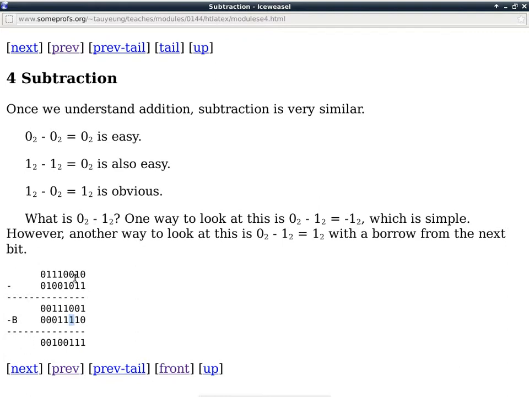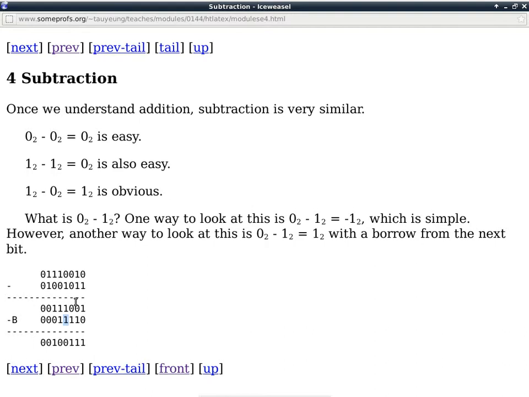And then we move on to the third column from the right-hand side. We have 0 minus 0 being 0 with no borrow. 0 minus 1 is 1 with a borrow. So that's how we carry out multi-digit subtraction in binary.